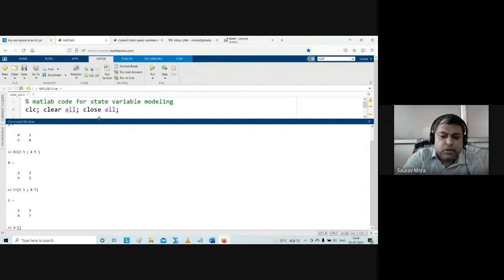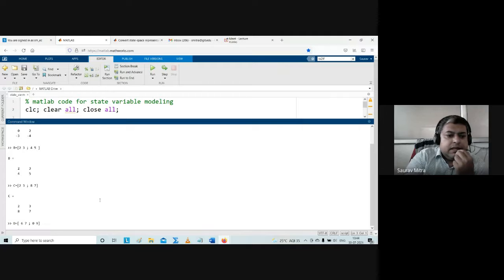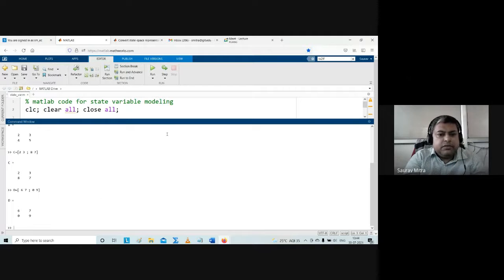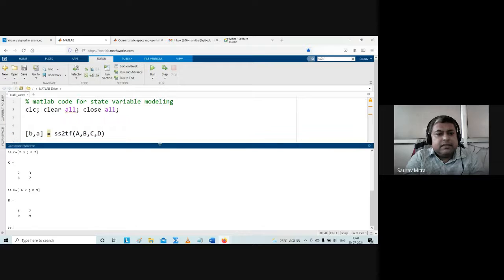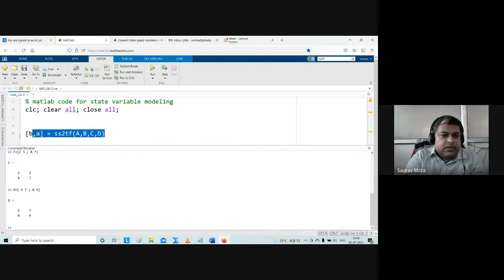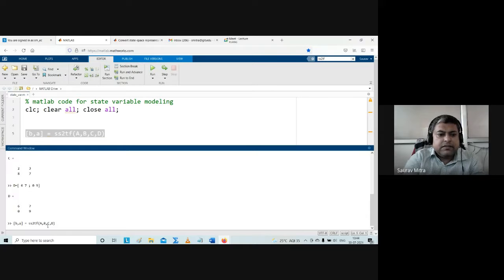So there are two inputs and two outputs. So this kind of numerical we have not done. Are you following? So all ABCD matrices are actually two-dimensional. At that time, I have to do the same code. So what I'm trying to show you is, if this kind of thing is there, then what kind of transfer function we get.